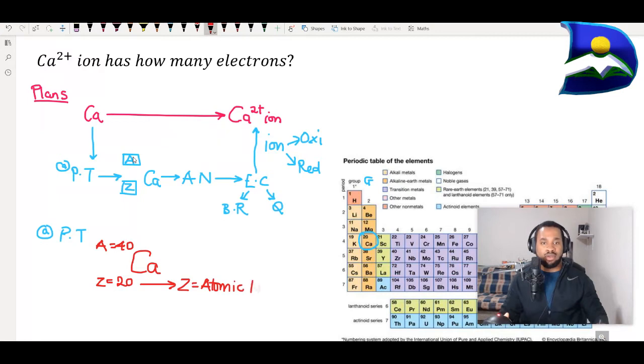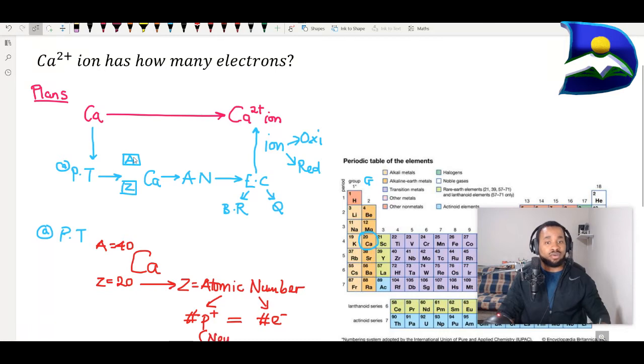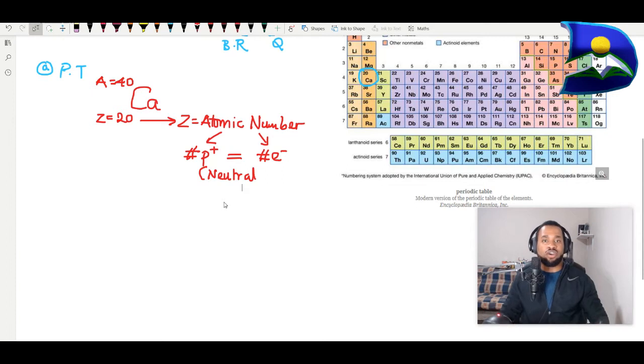And looking back, you need to know what atomic number is. Atomic number is the number of protons, which is the plus, equal to the number of electrons. And for this to be true, you must have a what? A neutral atom.